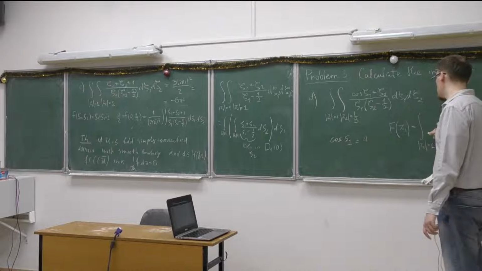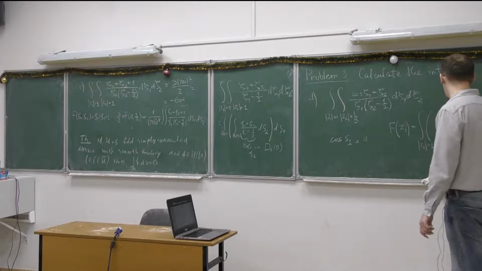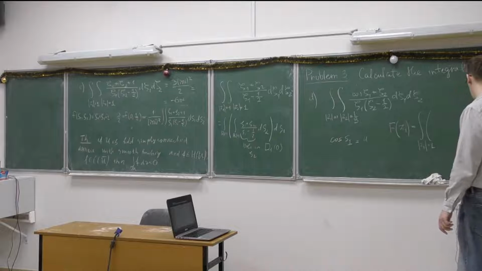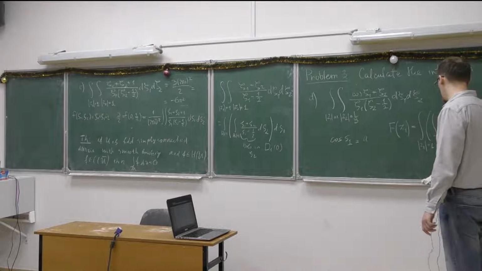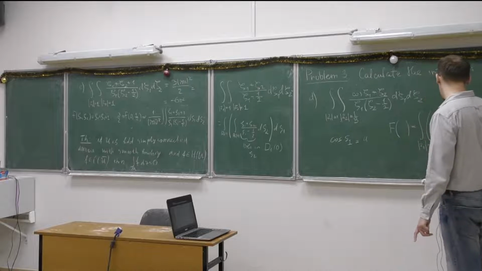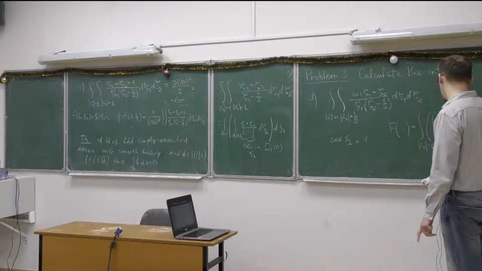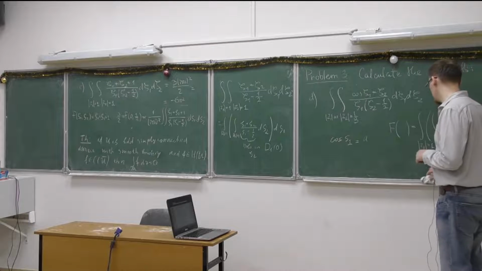So it suggests to do the integration along Z2 first. We can erase the second integrand.